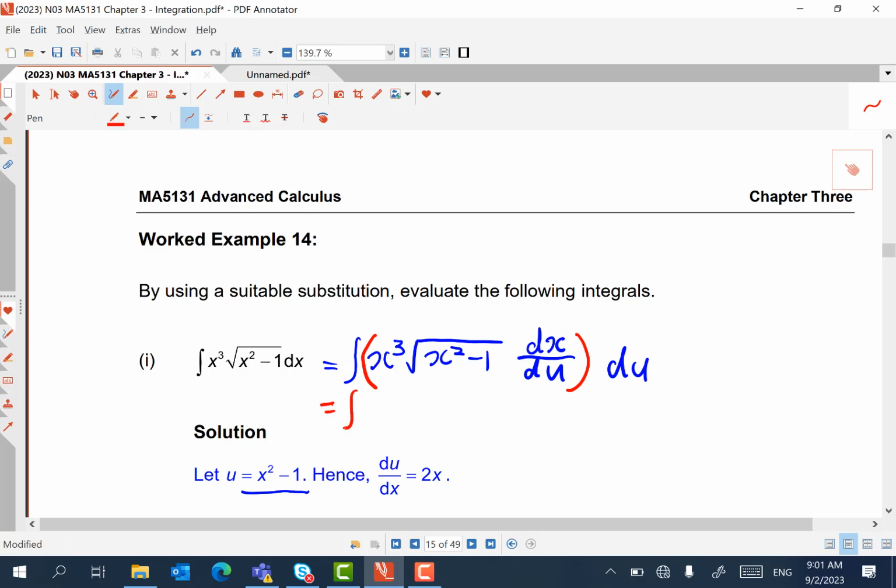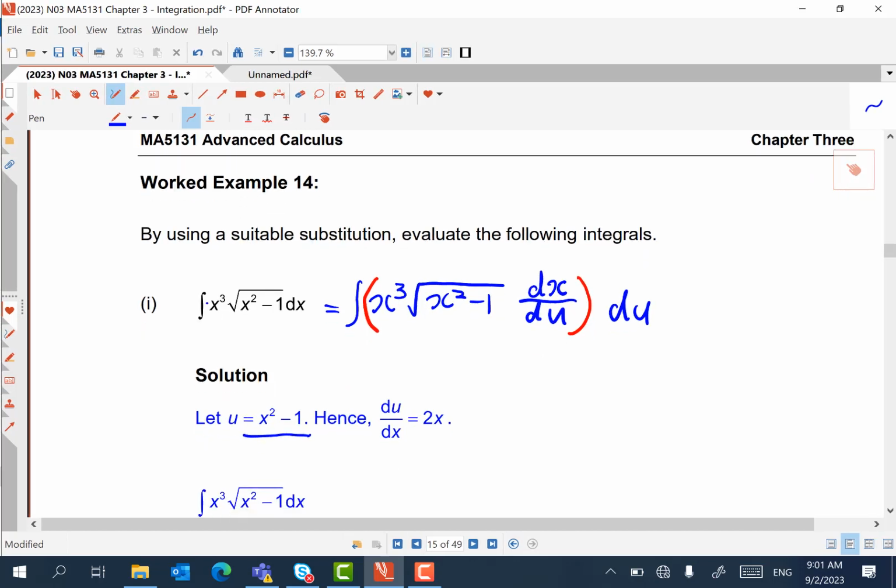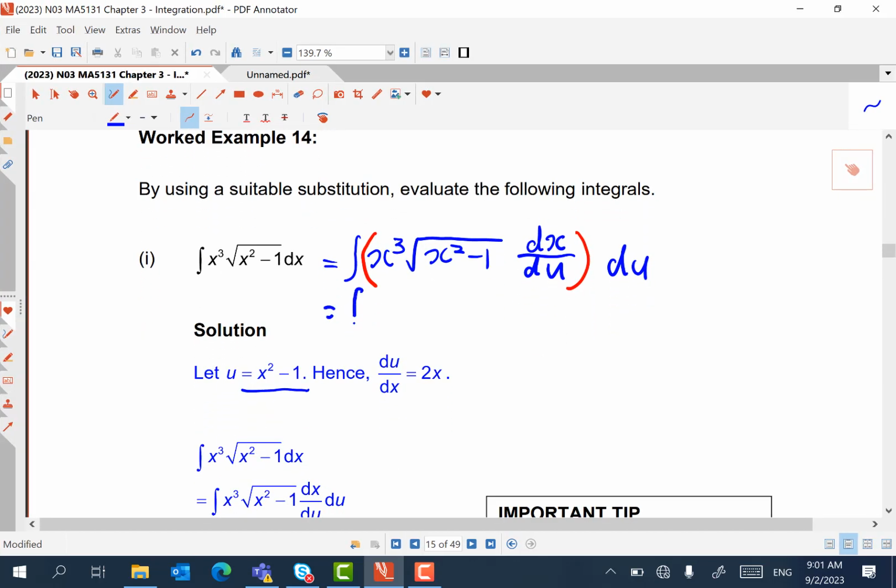This becomes, in terms of u, the x cubed will be x times u plus 1, and this is u. Dx du is 1 over 2x.